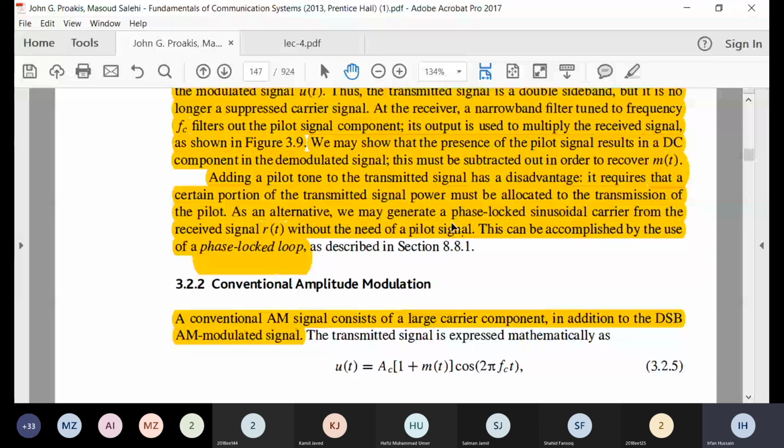So you can get back a sinusoidal signal of the same phase as the incoming received signal by the use of a phase lock loop. This will be studied in the next chapter. More details are given in section 8, and you will also be doing some experiments in labs to understand the functioning of the phase lock loop.